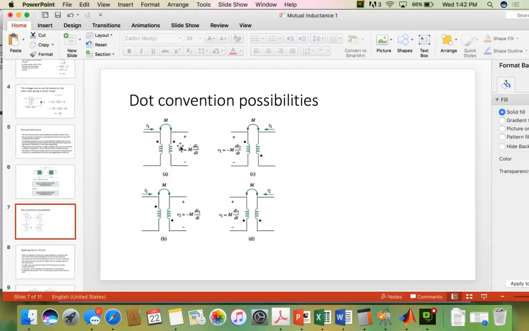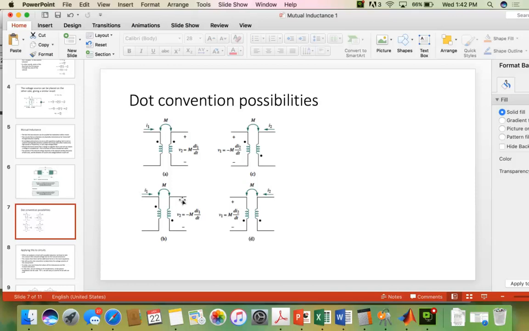So what makes figure A positive and figure B negative is that in figure A, the current I1 is entering the dot, and the dot is at the top on coil 2. In figure B, the current I1 is entering the dot, and the dot is at the bottom of coil 2. So this is still going to be positive at the dot because this current is still entering.